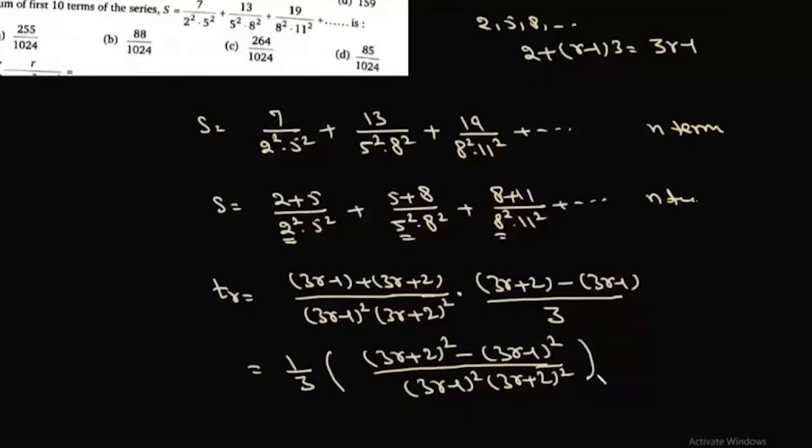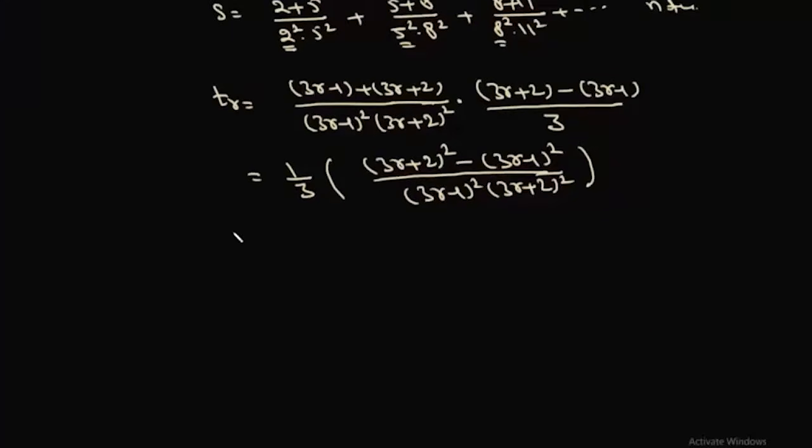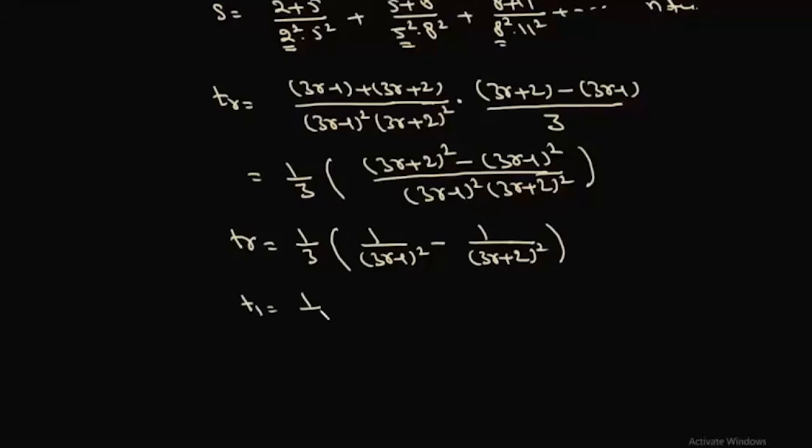Now we'll split this. We can write this as tr equals 1 by 3. Here (3r+2) square will cancel, so we'll get 1 upon (3r-1) square minus, and here (3r-1) will cancel, we'll get 1 upon (3r+2) whole square. Now we'll write its first term t1, it will be 1 by 3, and if we put r as 1, we'll get 1 upon 2 square minus 1 upon 5 square.